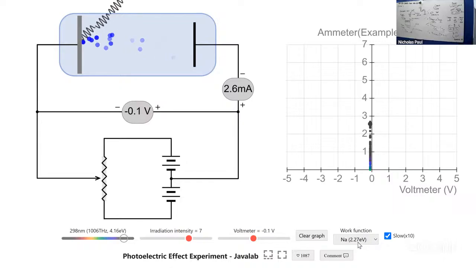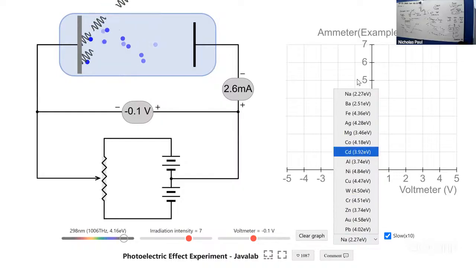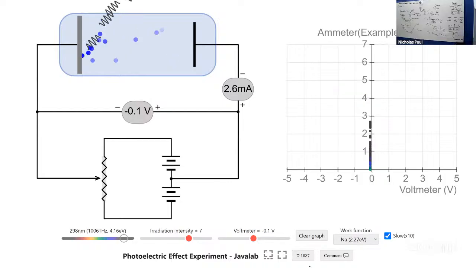If we get metals of smaller work functions, then red could work. Alright? Everybody okay with that?